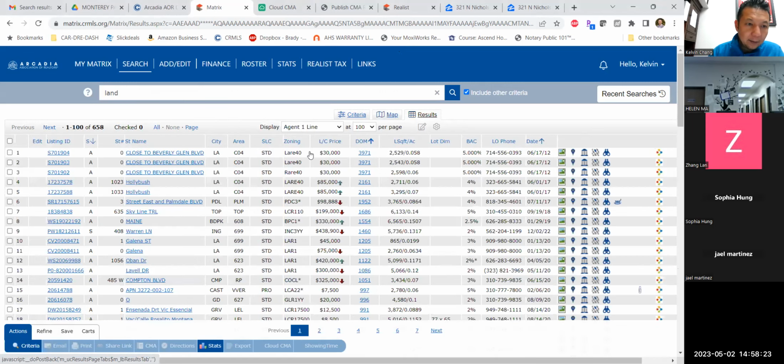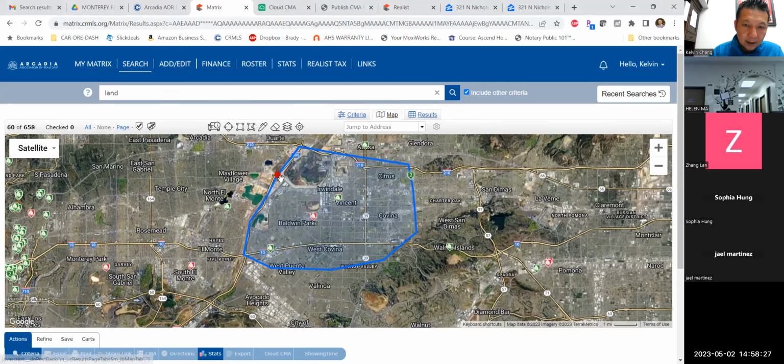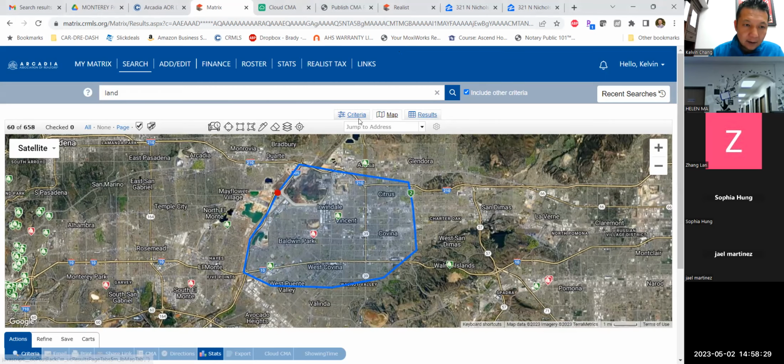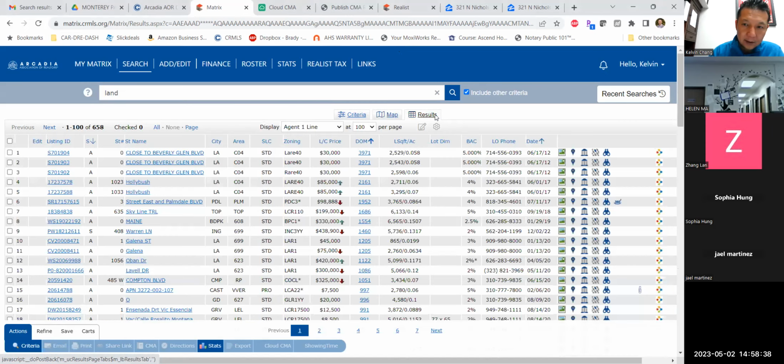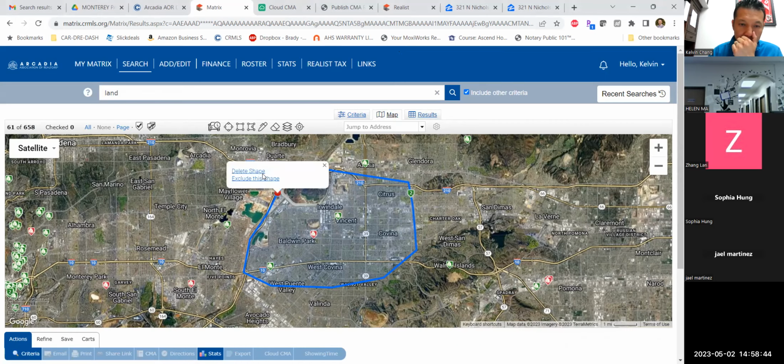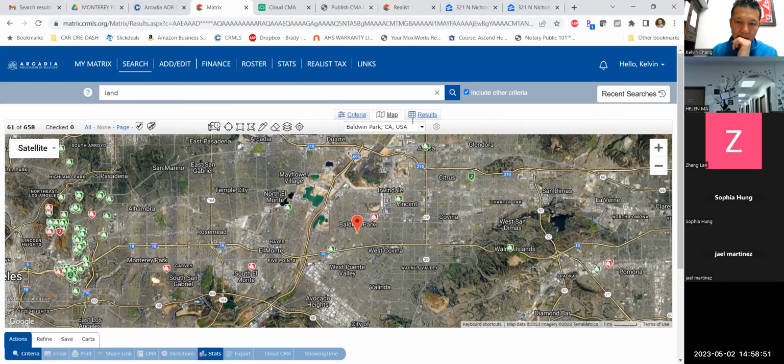Okay, so now we put it in. Did it take my map? I'm sorry, it's not taking my map for some reason. I'm going to do it again.